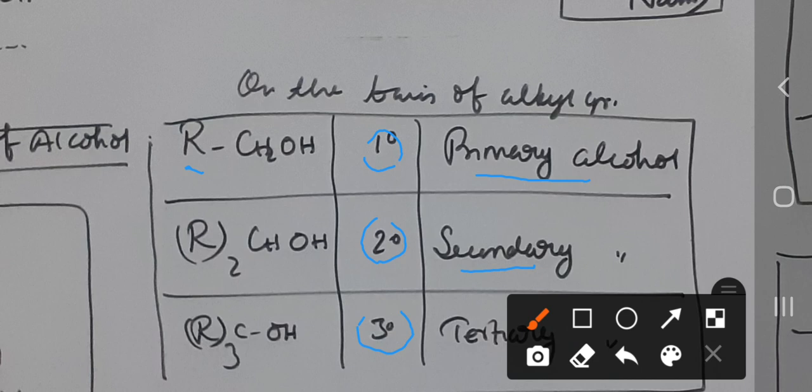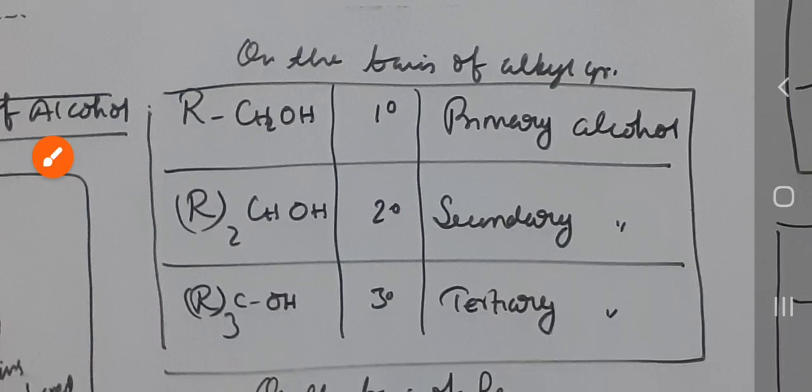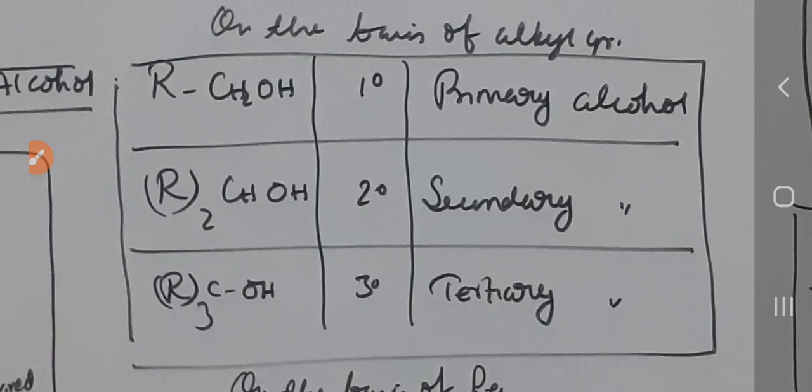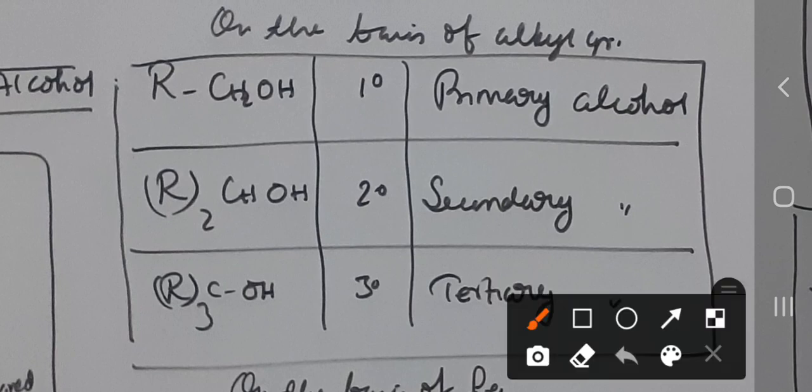Now, if the given alcohol has a complex structure and you need to find out whether it belongs to 1 degree, 2 degree or 3 degree, then there is a trick. If you find the OH group is attached to a CH2 part, then definitely it will be 1 degree or primary alcohol.